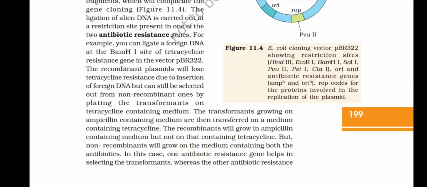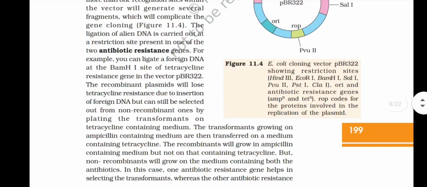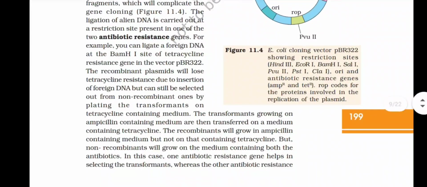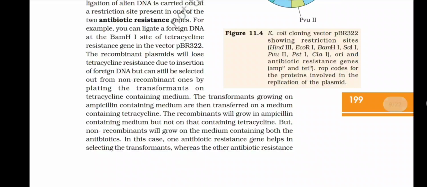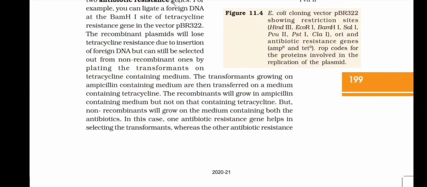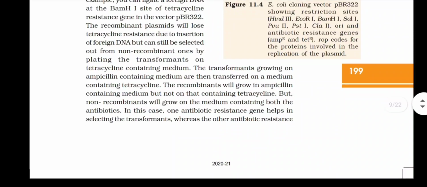For example, you can ligate a foreign DNA at the BamHI site of the tetracycline resistance gene in the vector pBR322. Just remember that, pBR322. The recombinant plasmids will lose tetracycline resistance due to insertion of foreign DNA, but can still be selected out from the non-recombinant ones by plating the transformants on tetracycline-containing medium.